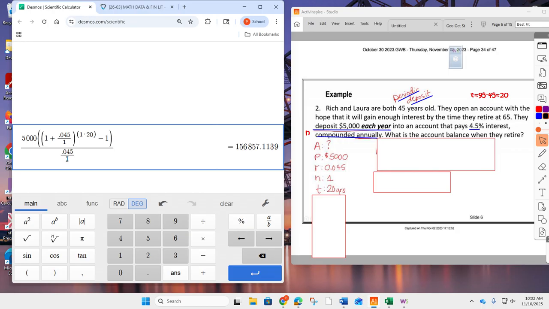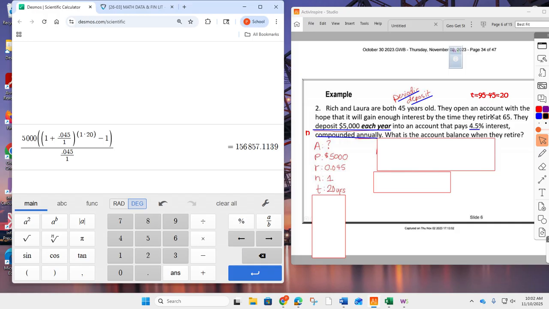Did you get 156,587.1139? Perfect. So what's that going to round to? Mm-hmm, .11, because this is what we're rounding to. The number to the right is less than 5, so we drop all that off.